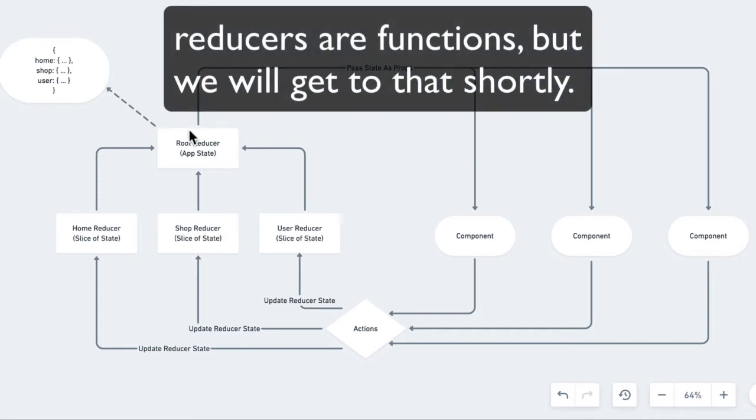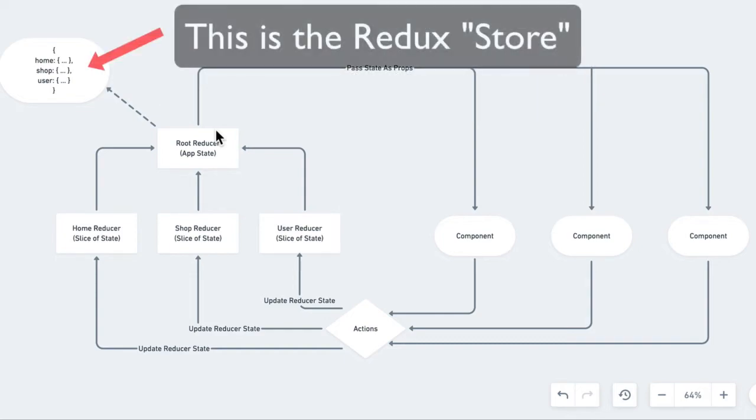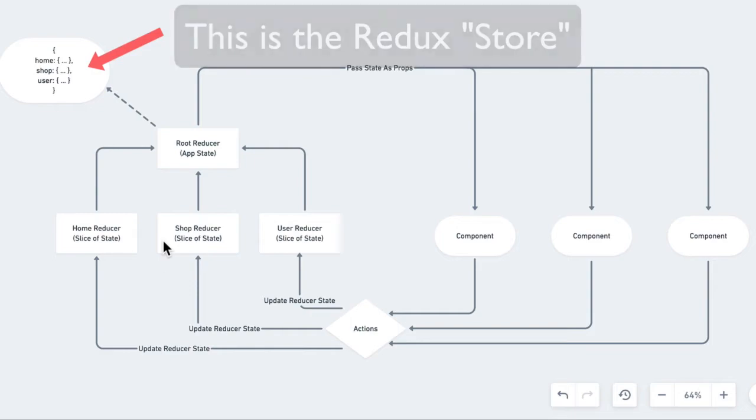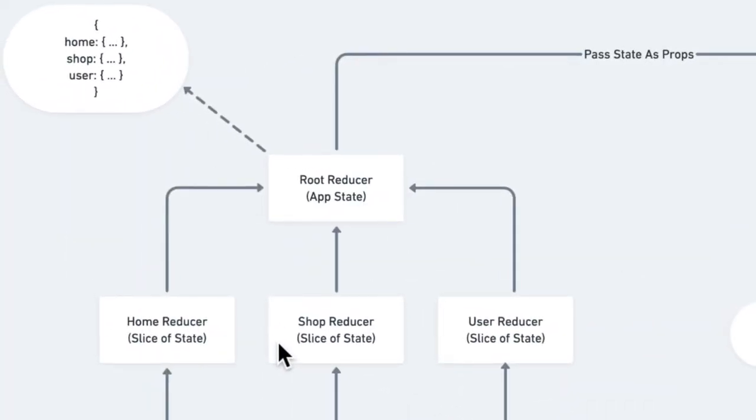And the root reducer is the big object that holds all the smaller objects. So, for example, our home reducer is just an object that holds properties equal to the data that we want related to the home. Anything related to home, right, that we might want to separate in its own object will be in the home reducer.